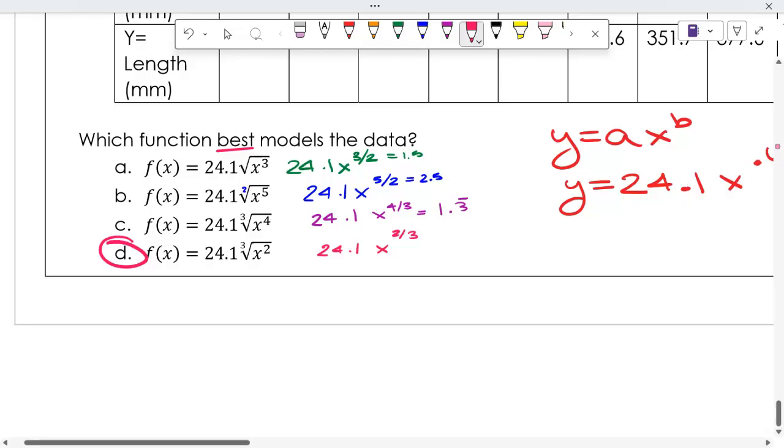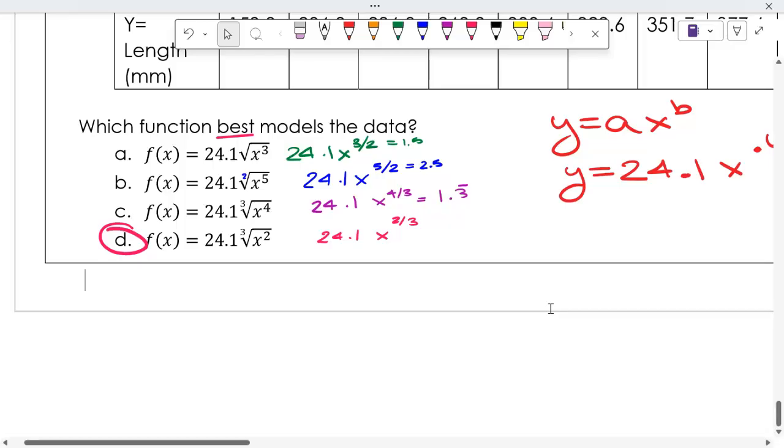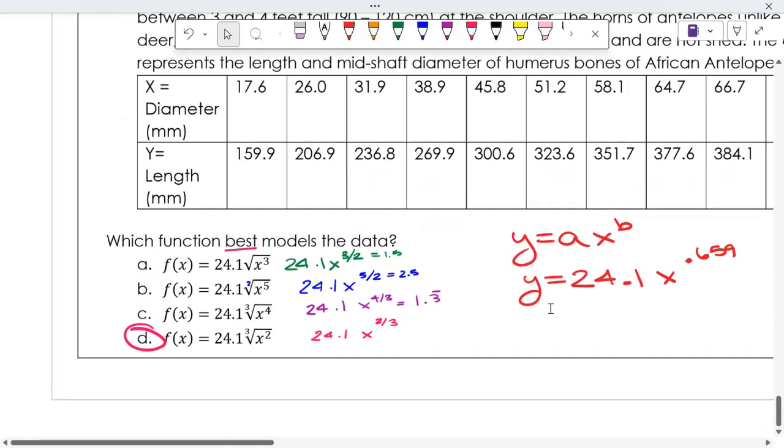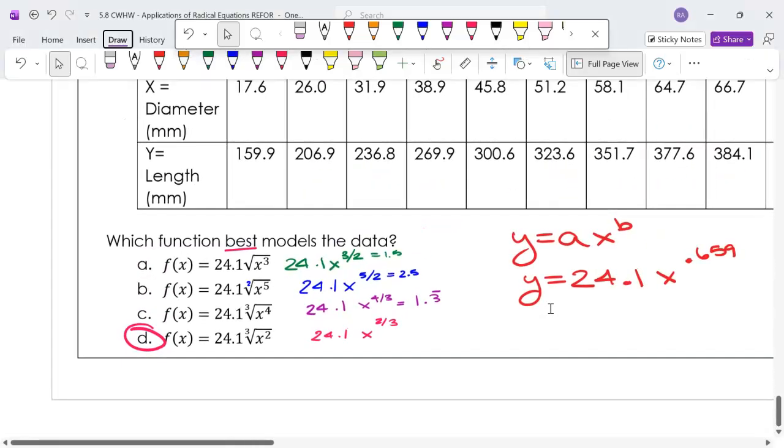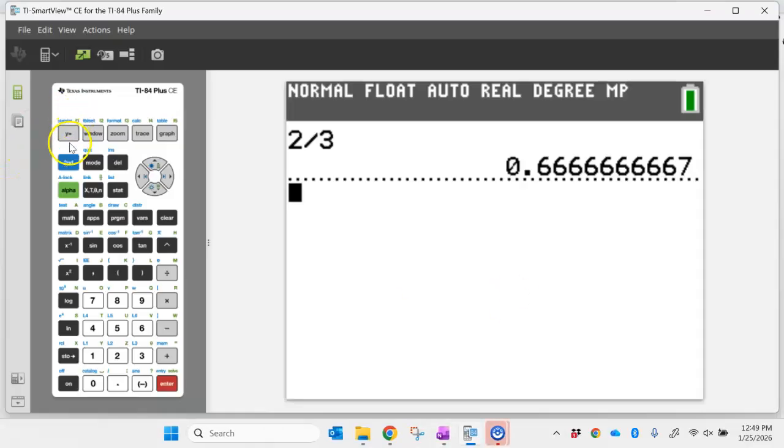And to be completely honest, if I used that as my equation, I'll show you on the calculator just so you can see. Let's put this in.